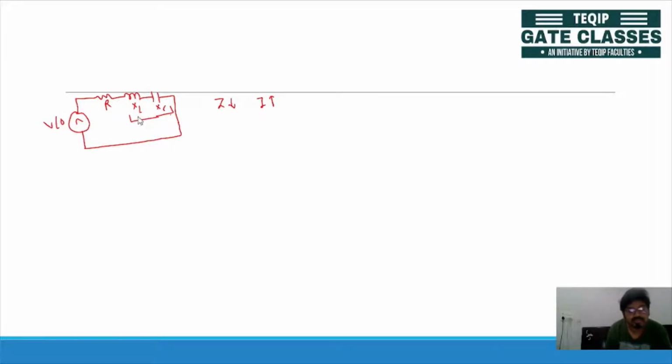That's why we call the series resonance circuit a voltage magnification circuit. So it is possible at resonance that the voltage across the inductor and capacitor can be more than the source voltage. In general it's not like that.